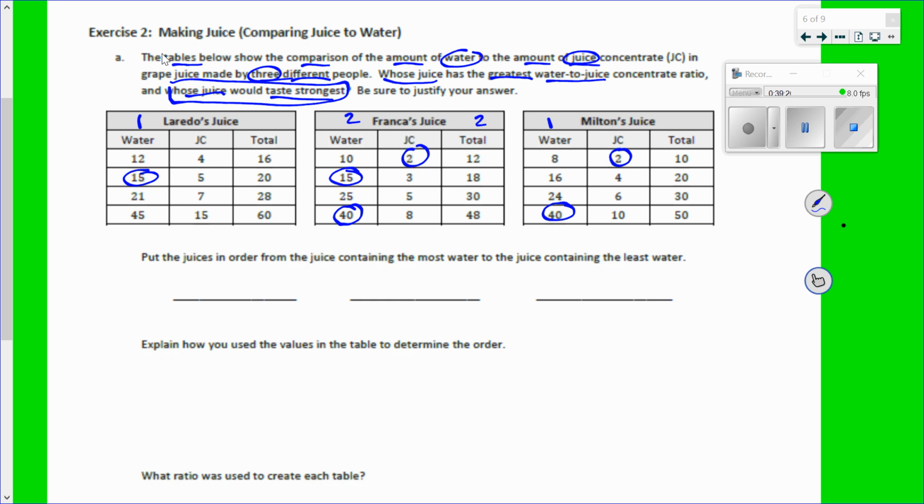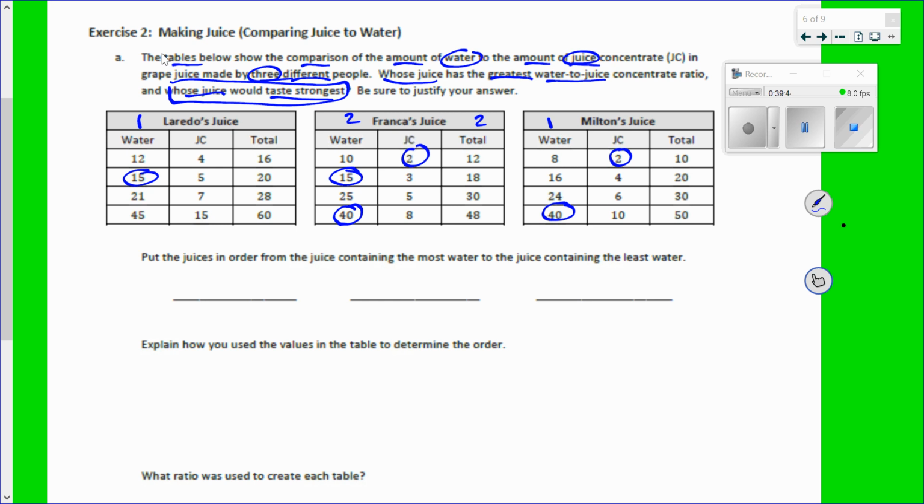And then I knew that to get to double, so 4 is the first answer for Laredo's concentration, but to get to double of Milton's, you would have to be 16. Okay, so she did that second option I gave you, create an additional entry, right? Yeah.